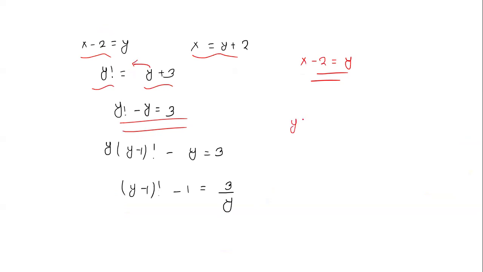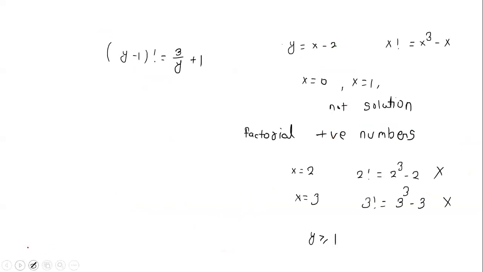Now you can write y factorial as simply y multiplied by y minus 1 factorial, and you can take y common and divide by y both sides. So this will come in this form. Now you can write y minus 1 factorial is equal to this thing.